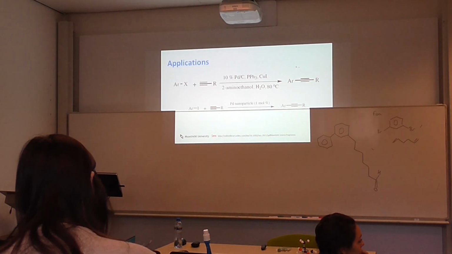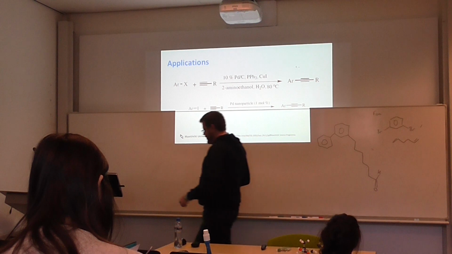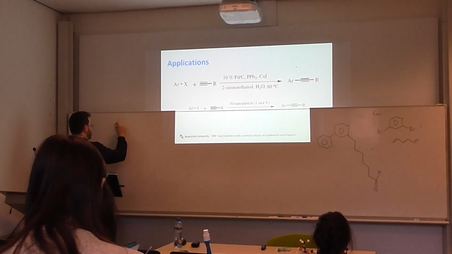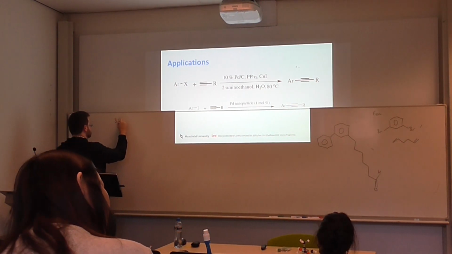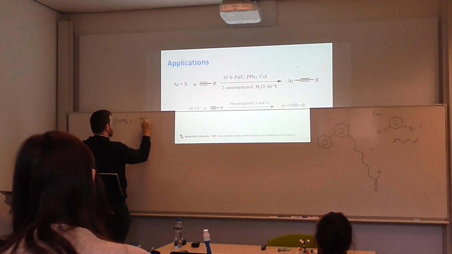First, you need to turn the aryl halide to a boronic acid. Correct. So let's do that. So we would basically take something like this, and we'd react it with a Grignard reagent, for example.